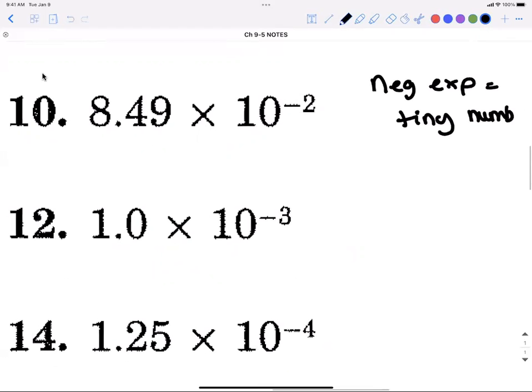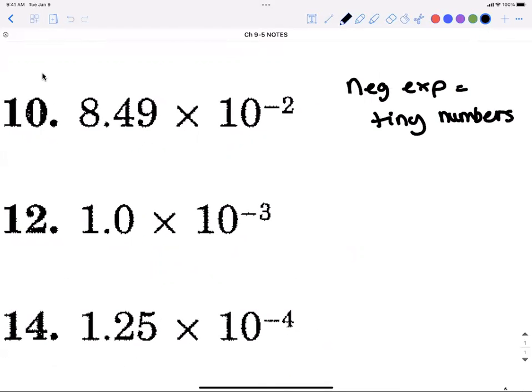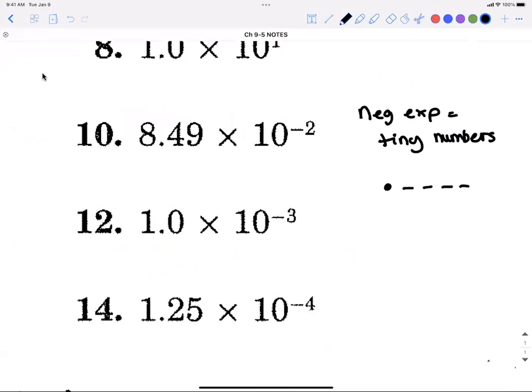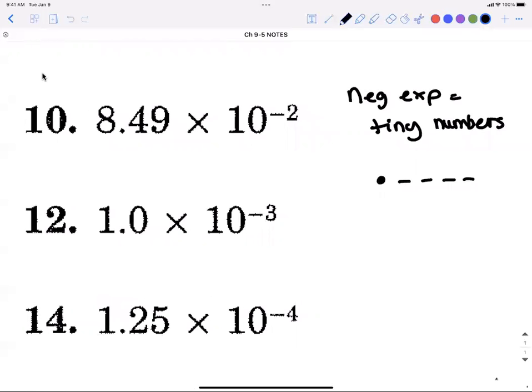And what do I mean by tiny numbers? Tiny numbers are numbers where the decimal is here and then you've got a bunch of spaces here because that's a fraction. I don't want to say no whole number, but the number gets much smaller.